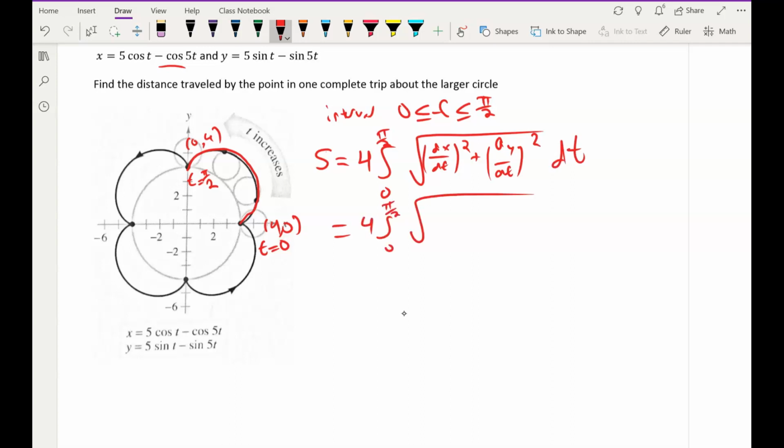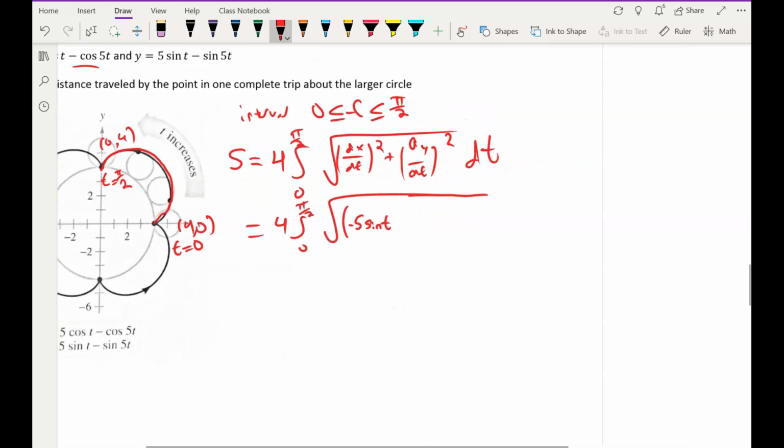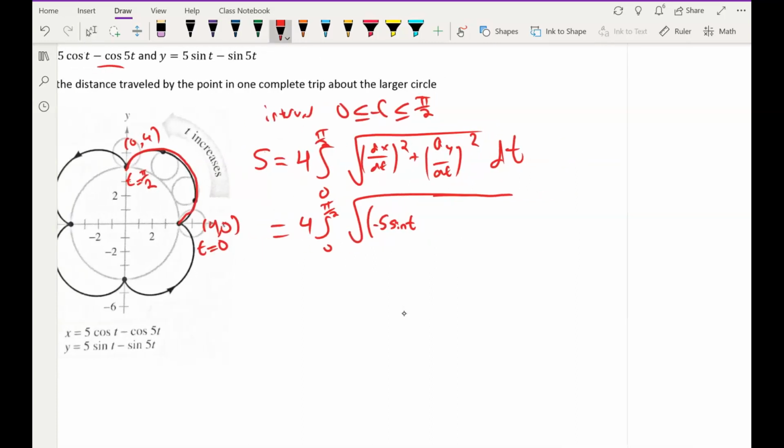All right, rewrite a couple things, but then just evaluate some things. The derivative of x with respect to t, well, we're going to get 5 cosine of t, that becomes negative 5 sine of t. Then negative cosine of 5t, that's kind of like a chain rule. So we're going to get negative, and then we multiply by the derivative of the inside.